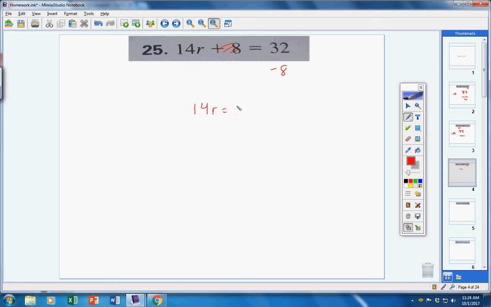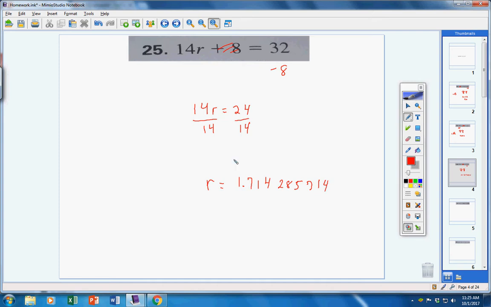Alright, number 25. Simplify both sides, eliminate fractions, constant terms to one side, variable terms to the other. Divide both sides by 14. 24 divided by 14 would give you 1.714285714.